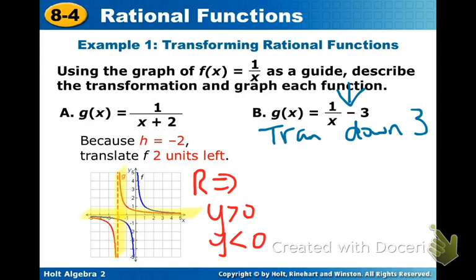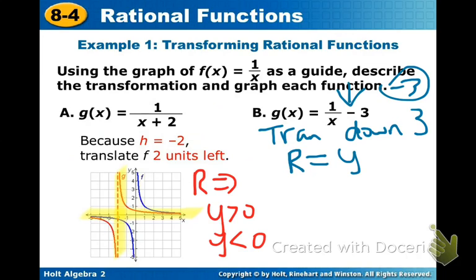So that's going to affect your range. Let's do that first. What would be all the possibilities of y? Our asymptote now really is at negative 3, right?